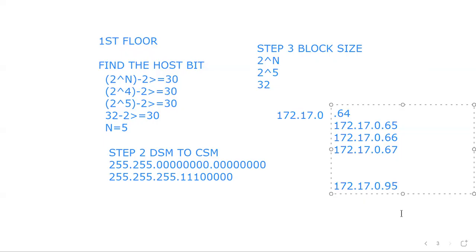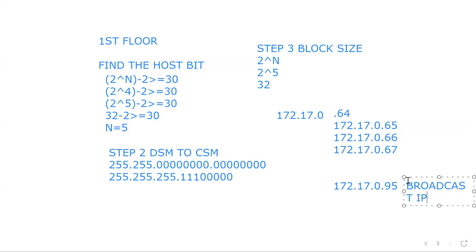This is for the first floor. This is the broadcast IP and this is our network IP. Right?